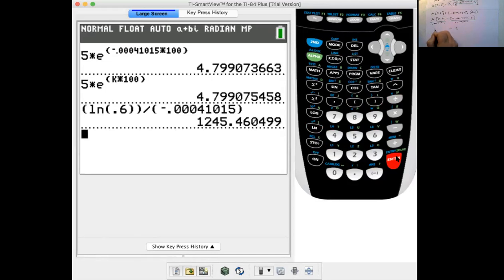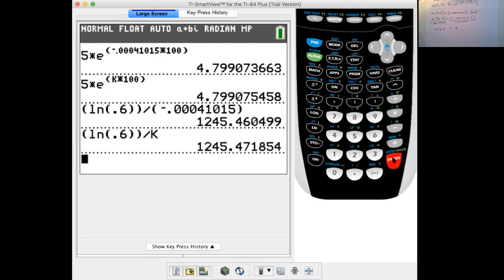If I didn't want to type all that out, remember this is just K. So I could have just said natural log 0.6 divided by K, since I had stored that in K. And I should get essentially the same thing, about 1,245 and a half.